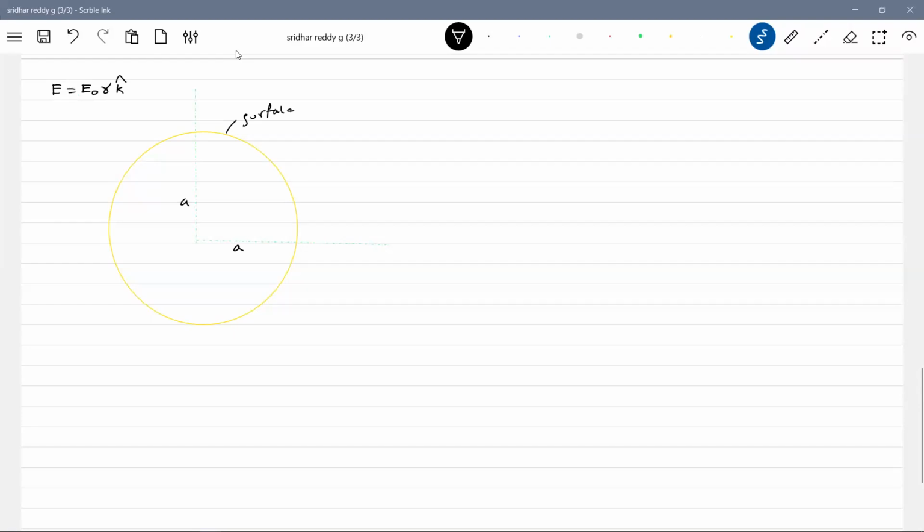It's like along the axis. Then it is varying radially. The magnitude increases radially. So what is the electric flux through this one? Find the electric flux through the circular disc of radius A.